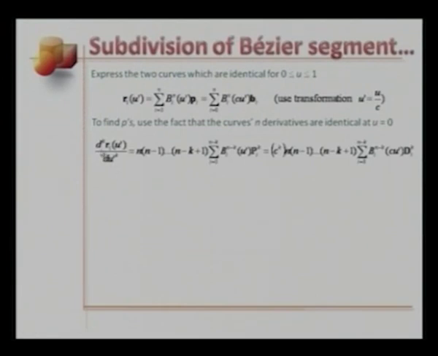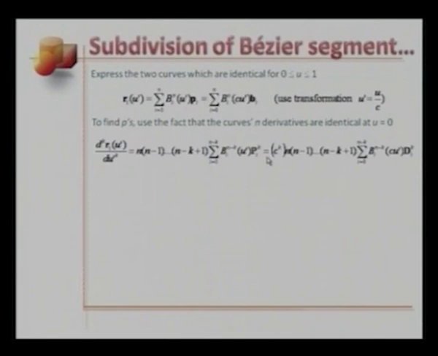The kth derivative of a Bezier segment, in this case r sub 1 as a function of u prime, is given by n times n minus 1 up till n minus k plus 1, summation i going from 0 to n minus k, the ith Bernstein polynomial of degree n minus k as a function of u prime, times capital P sub i super k.